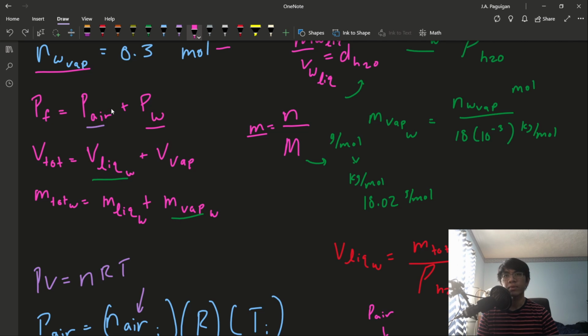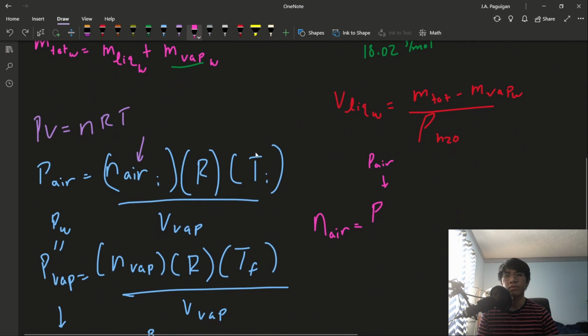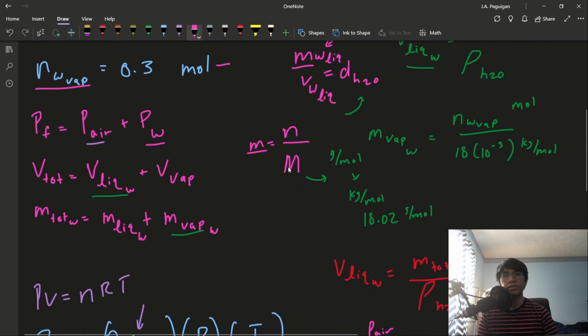So we can write pressure of the air in terms of the final pressure minus the pressure of the water, at the initial conditions. Isn't that a little weird? Oh, I know why, sorry. It's supposed to be initial because we are using initial conditions. So pressure initial minus pressure of the water initially.